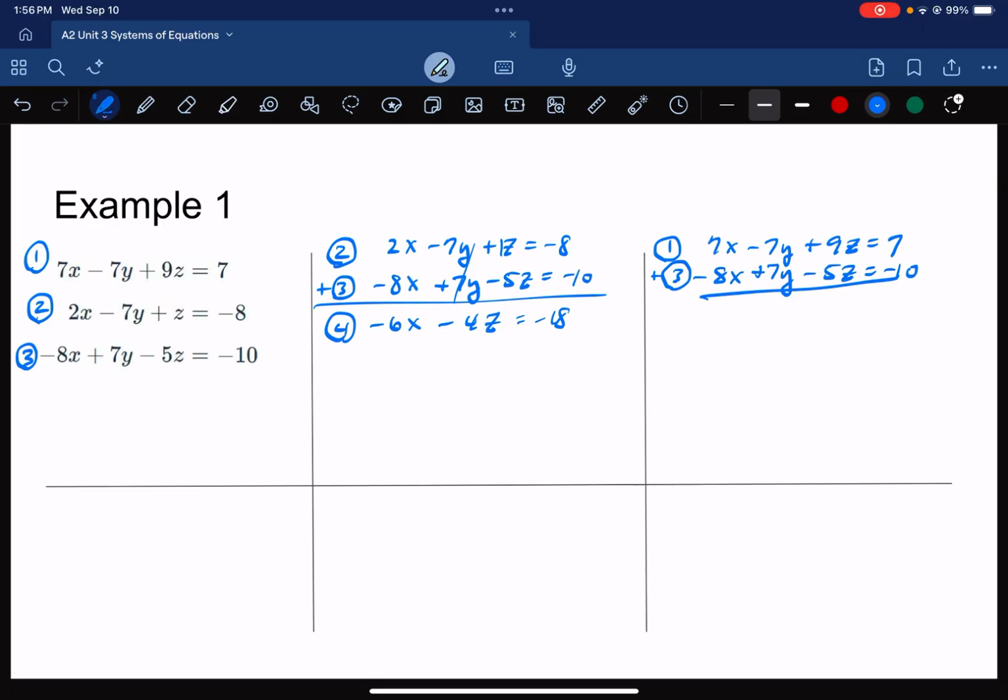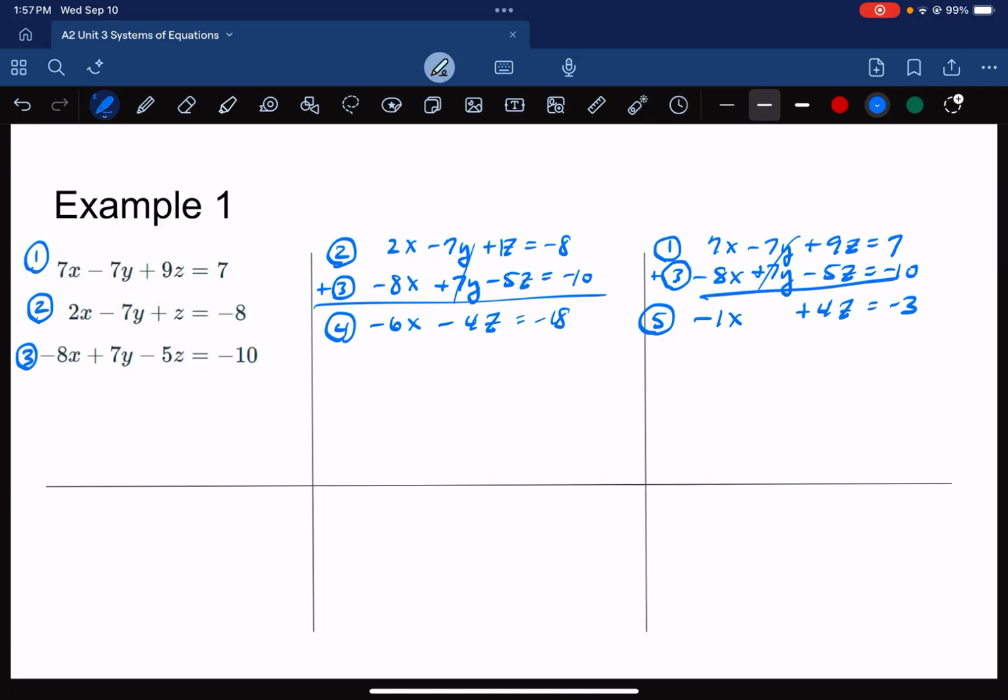So if I combine those, again, those cancel. 7x minus 8x is negative 1x. 9z minus 5z is a positive 4z. And 7 minus 10 is negative 3, and that's going to be equation 5.